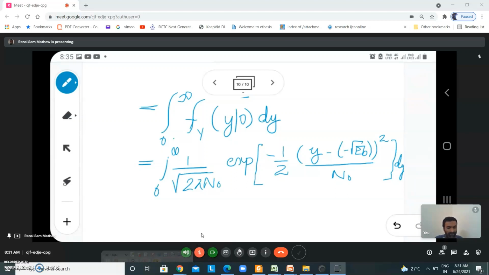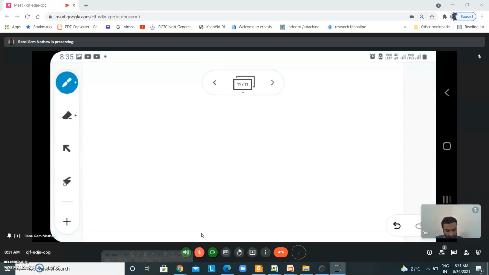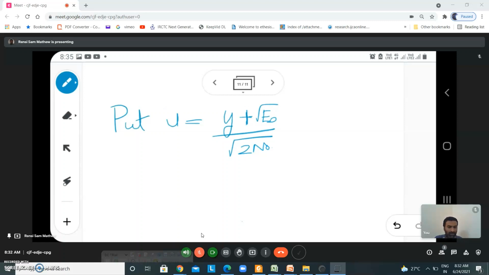So we will put the substitution u equal to y plus square root of Eb by square root of 2N0, because we had 2N0 in the denominator. We write it as square root of 2N0 so that you can substitute u square. So what is du? du is equal to dy by square root of 2N0. So dy is equal to square root of 2N0 into du.